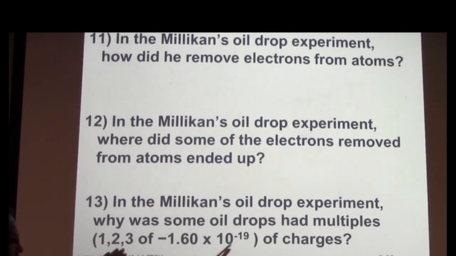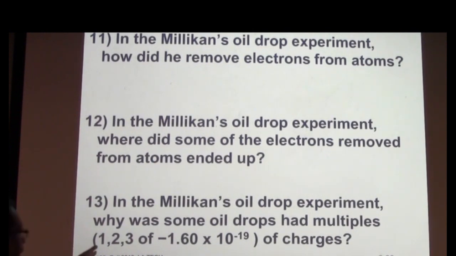If you had only one of them, the charge on the one oil drop, how many electrons did it have? The charge of the electron is 1.6 times 10 to the negative 19, right? So if you had one of them in the oil drop, how many electrons? One, okay.